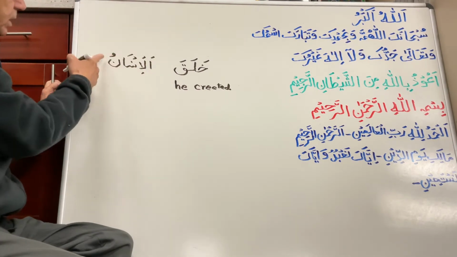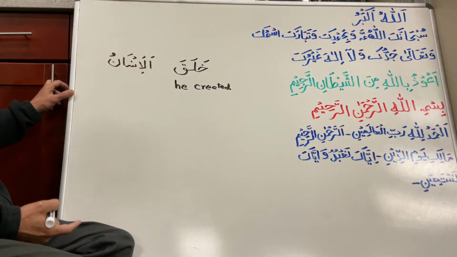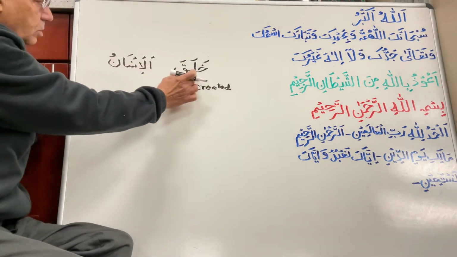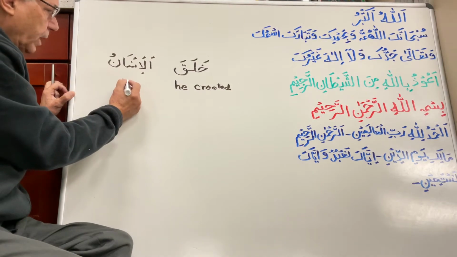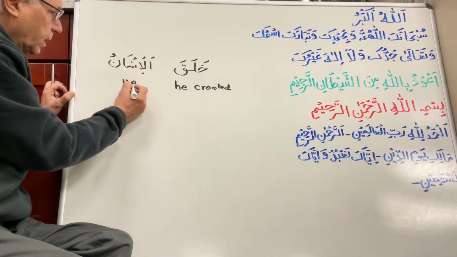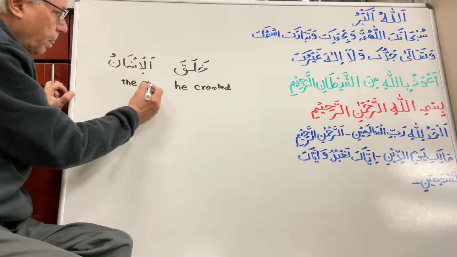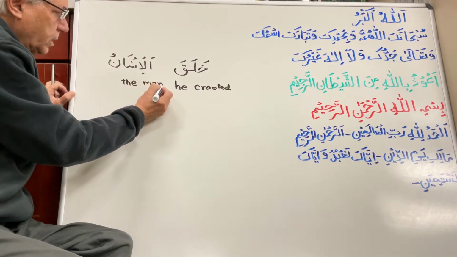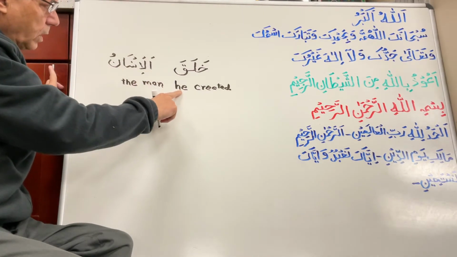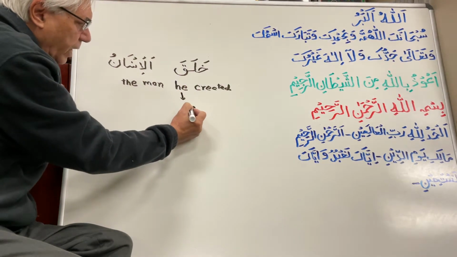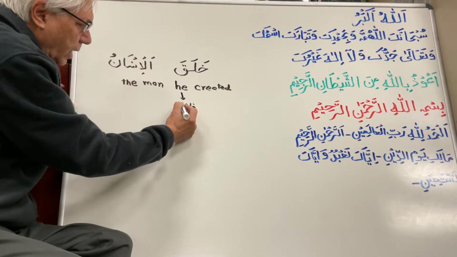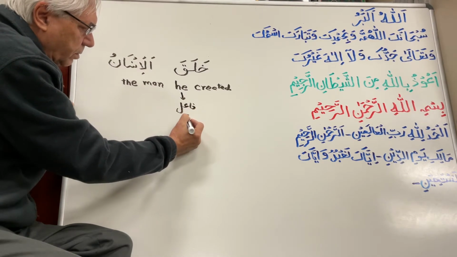The important thing is that the last letter has a pesh on it. As soon as I join these two together to make the phrase, he created the man, the rule of combination is that the one who is creating is known as fa'il. Fa'il is a doer, and in English it is the subject.